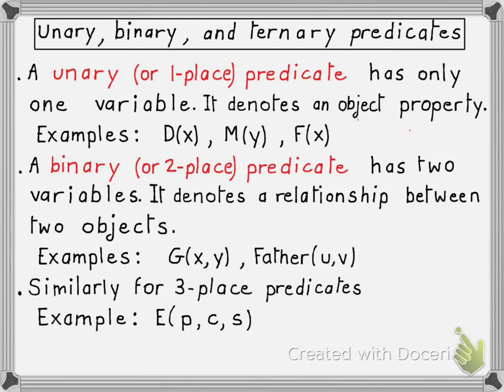So the first thing to remember right away is to define the domain of the variable. So let's say the domain of P is the set of all people. The domain of C is the set of all courses at UW, say, and S is the set of all semesters, starting, for example, in the spring semester of 1970 all the way to the present.